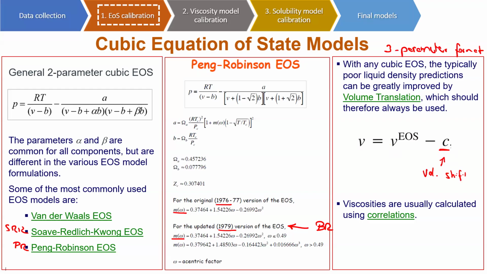In some books, in some packages, they call this correction in the prediction of the liquid volume translation or volume shift. Because as you know, equations of state were derived to model a gaseous mixture. So when you try to model liquid mixture, the prediction of density is sometimes not good. So you need to improve the prediction for the liquid density, especially the API gravity.